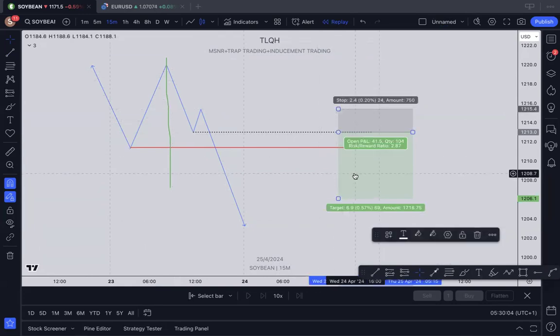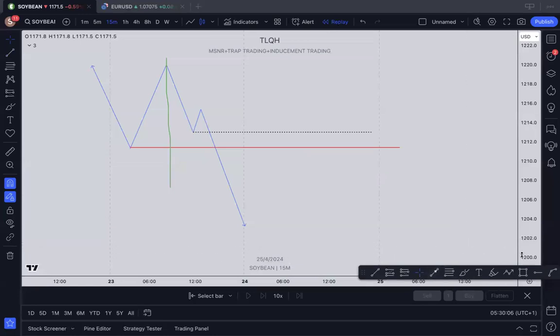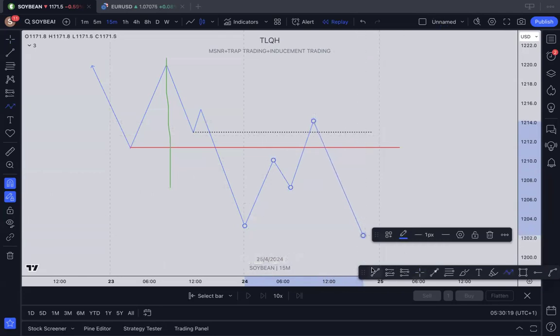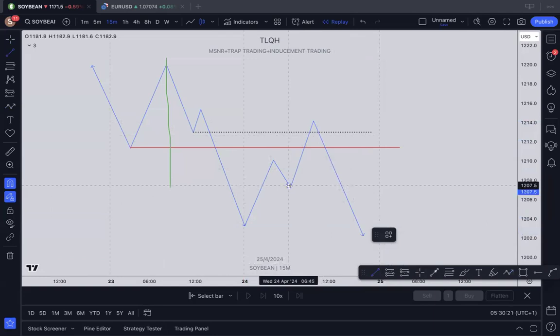Now, say for example, we want to wait for the 15-minute confirmation that price is actually going to be going in our direction. So we would wait for that 15-minute QM. Then we'd look for a H1 level, like so.